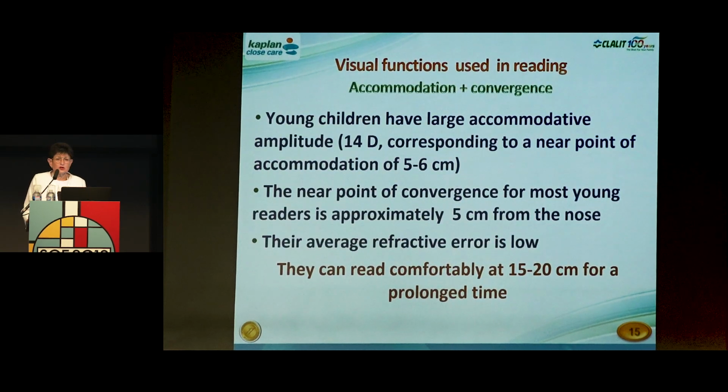Young children have large accommodative amplitude. Their near point of convergence in most cases is very close to the nose. Their average refractive error is low, so they can read comfortably at about 15-20 centimeters from the nose for a prolonged time.